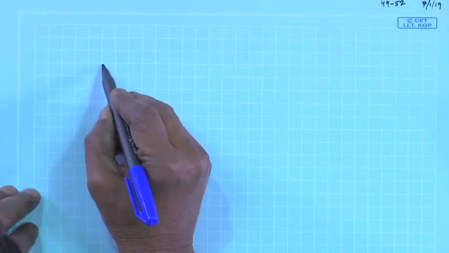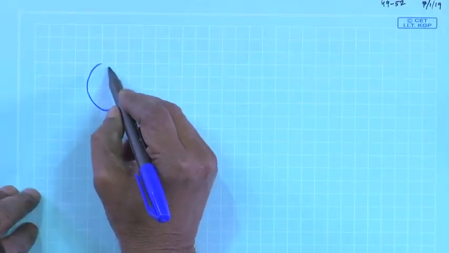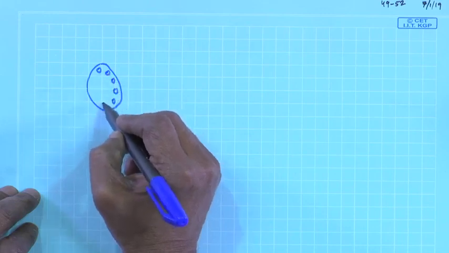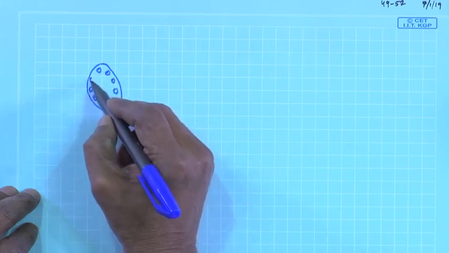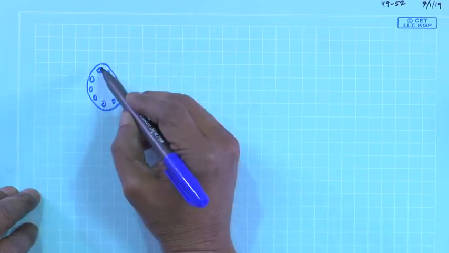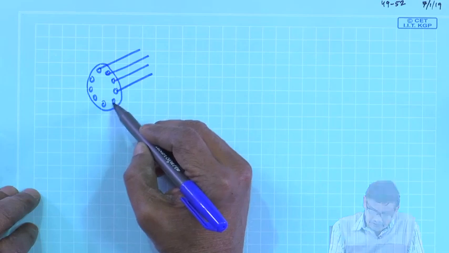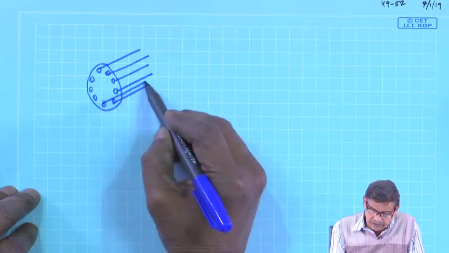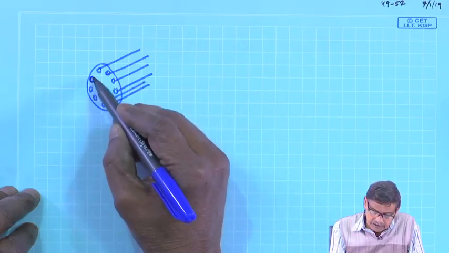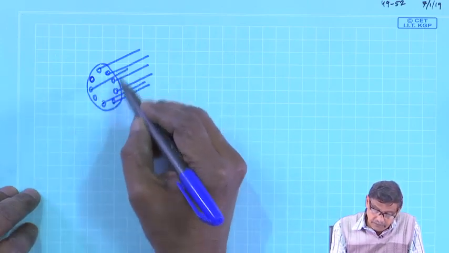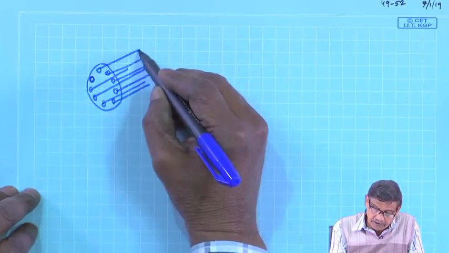In the cage rotor, as you know, I will quickly tell, a large number of rotor bars will be there, and they will be like this. In these slots, this is iron and it will be embedded with these bars, rotor bars they call it.